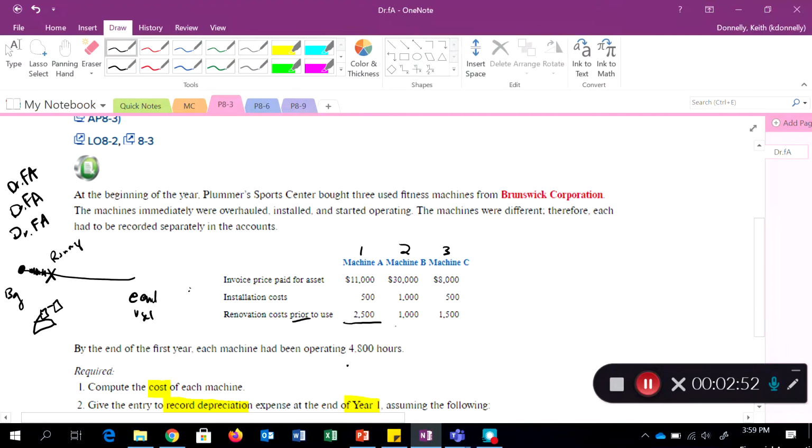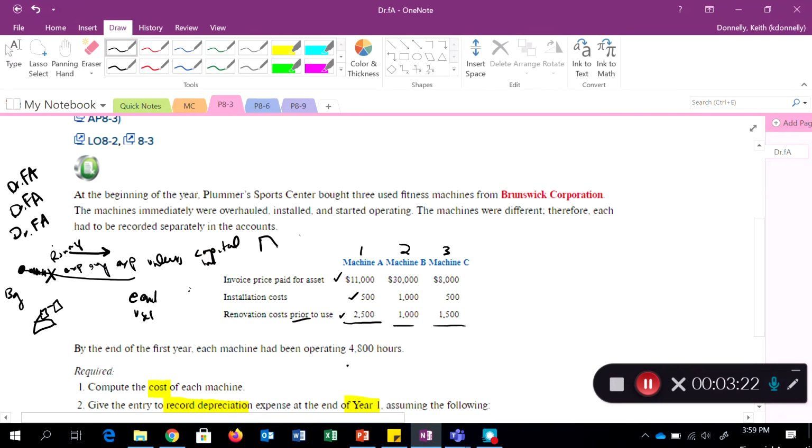I'm teaching accounting. So essentially we have our purchase price plus our installation costs plus our renovation costs prior to use. So that's a big important word, right? Prior to use. Because once it's up and running, from here onward, we're basically going to expense, expense, expense, unless it's a capital improvement.